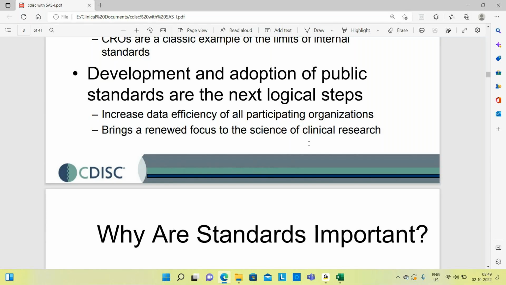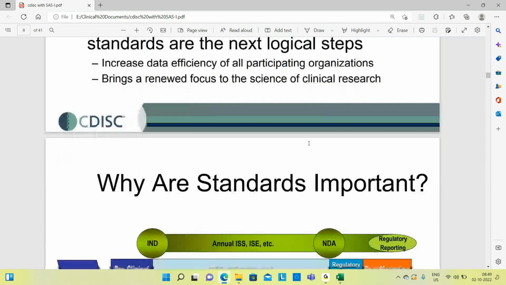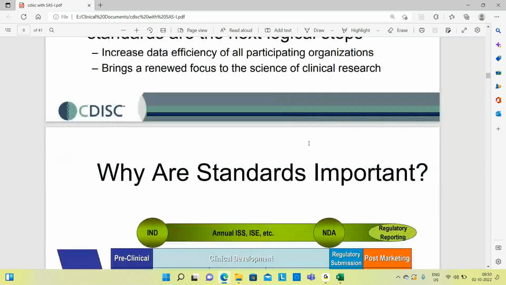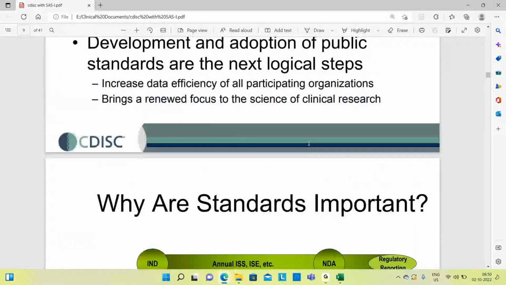And you can see here, you can also have a renewed focus on clinical science. Whenever you are supposed to do a clinical trial with multiple CROs, if you are following global standards, it will be easy for everyone to incorporate data.